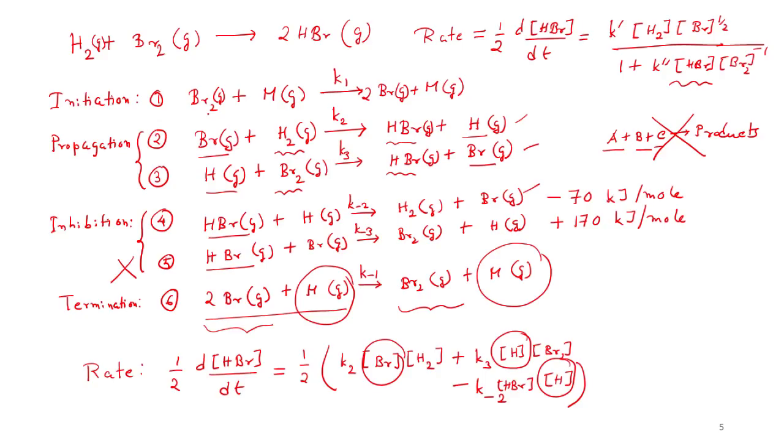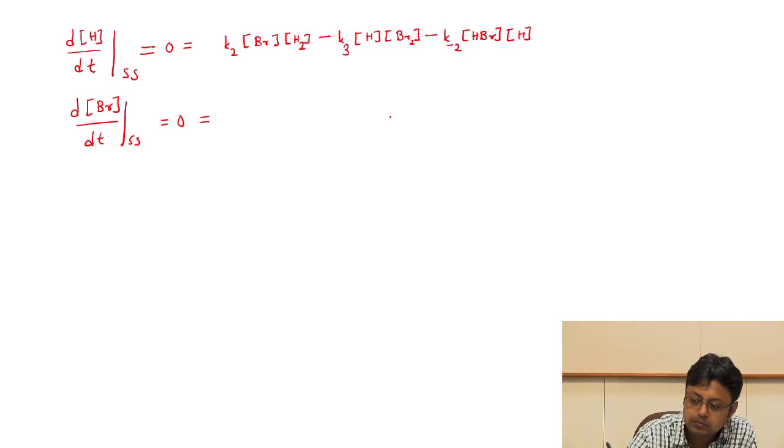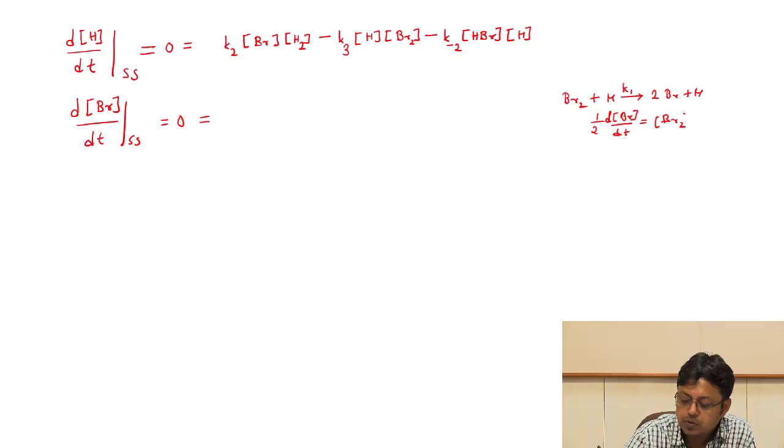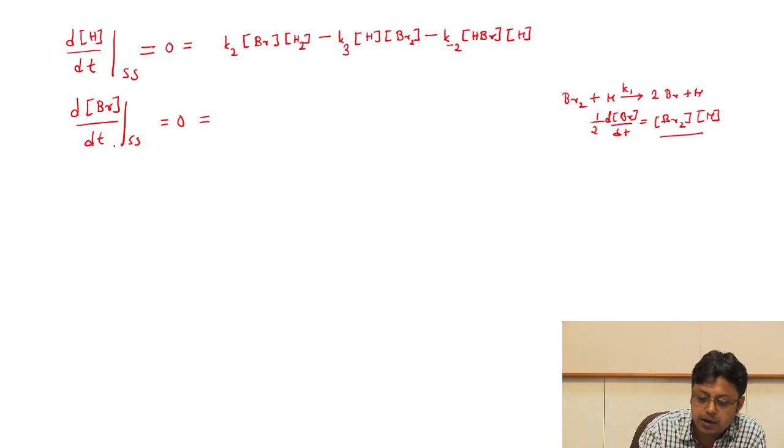But then see the first reaction, Br2 plus M forming 2Br plus M. Now let us just write it here: 2Br plus M. If I write the rate of this step with respect to bromine, I have to write half d[Br]/dt is K1 into Br2 into M. Which means d[Br]/dt will be 2 times K1 into Br2 into M. Now we are only collecting the d[Br]/dt terms, so you have to multiply it by 2.